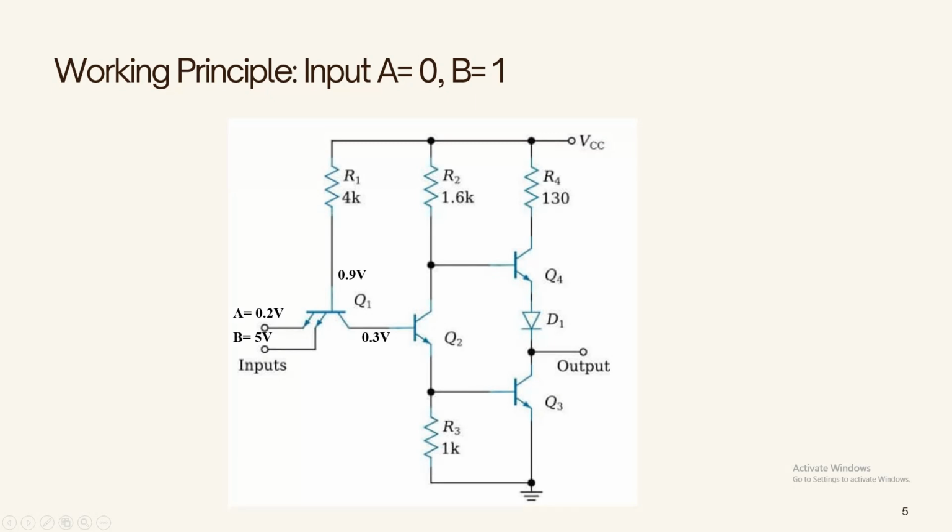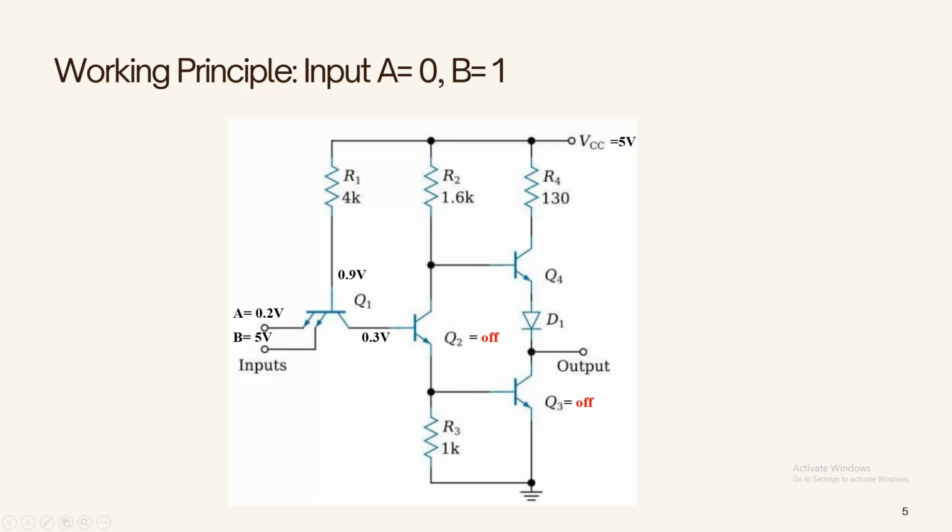And as we saw previously, if this base is at 0.9 volt, then there would be a 0.6 volt drop at the base collector junction, and that would give us 0.3 volt at the base of Q2. Now, this 0.3 volt is a very low voltage, and it is not sufficient to turn on the Q2 and Q3 transistors, so they will remain off in this case.